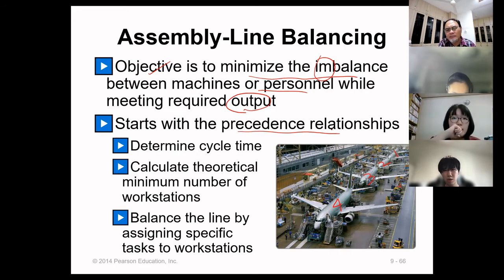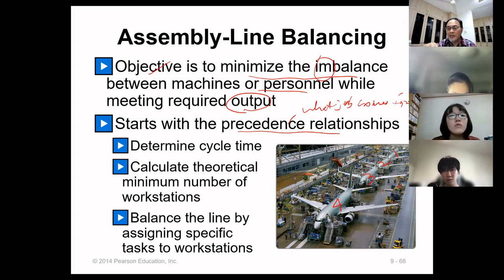Precedence means what comes first. What job comes first? A very simple example: if you install a car assembly line, final assembly, can you install the seat if you have not installed the carpet? I repeat the question.